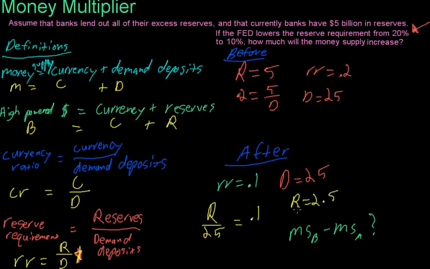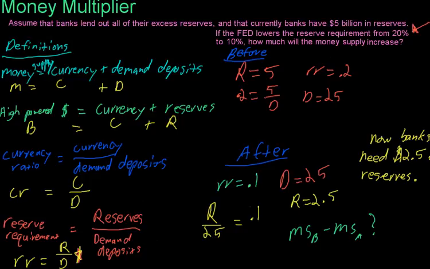So now banks used to have $5 billion in reserves, and after we know that now banks only need 2.5 billion in reserves. That B will be for billion in reserves. Sorry about that.